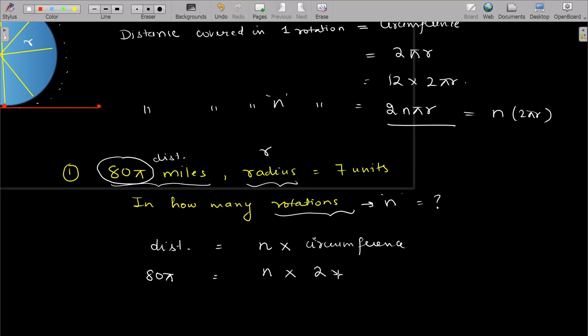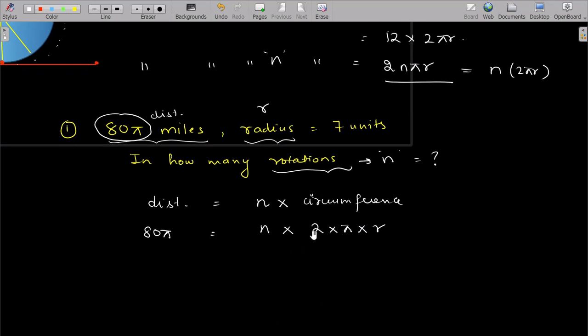Circumference is 2 pi r. I hope this step is clear, right? Okay, and the radius is also given. The radius is 7 units. So instead of this r, you just have to substitute 7, and then you have to find out the value of n. Can you try to solve for n?